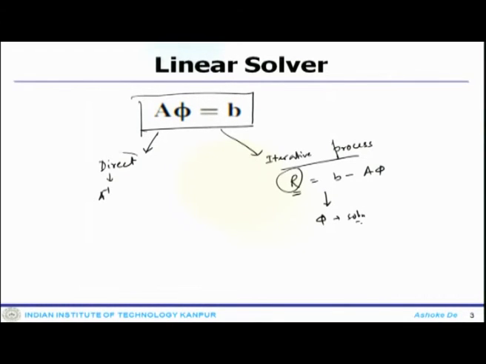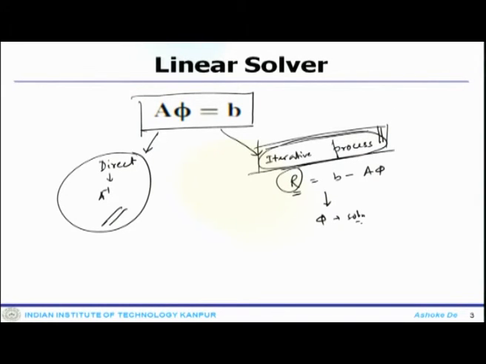So, this is computationally expensive and has serious limitations on large scale problems, but at the same time it is very handy for large scale problems or rather practical systems, and it is one of the very much preferred methods for linear solvers in modern day CFD calculations, because the direct methods are very much restricted to small scale problems or academic problems, but for large scale realistic problems the community prefers iterative solvers, and there are a lot of methods which have been devised based on iterative methods, on how quickly one can get a solution.